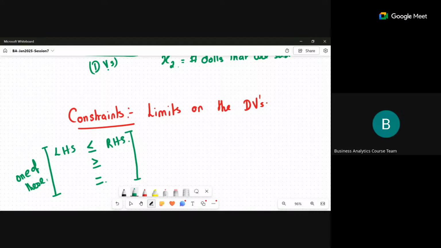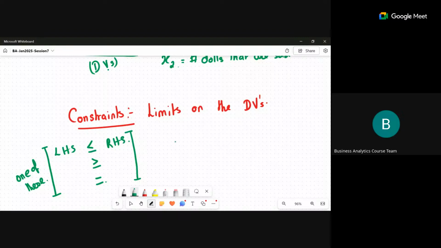The equations will come such that a left hand side is less than or equal to a right hand side value, or greater than or equal to a right hand side value, or the left hand side equation is equal to the right hand side value. If I write something of this sort, then it is known as a constraint.